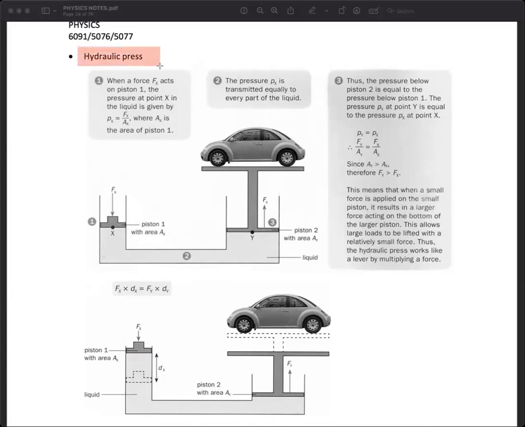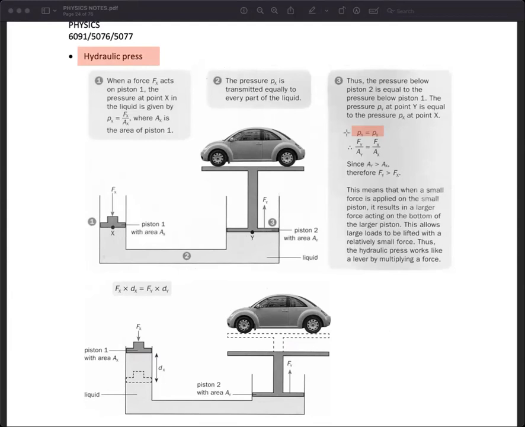In the hydraulic press, we make use of this concept where pressure at X is equal to pressure at Y. These two pressures are the same. So how do we actually apply this?